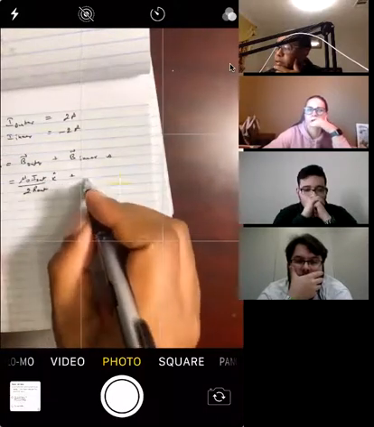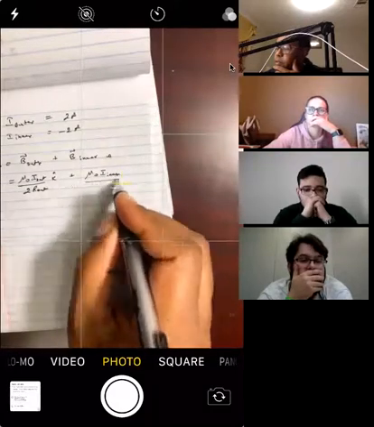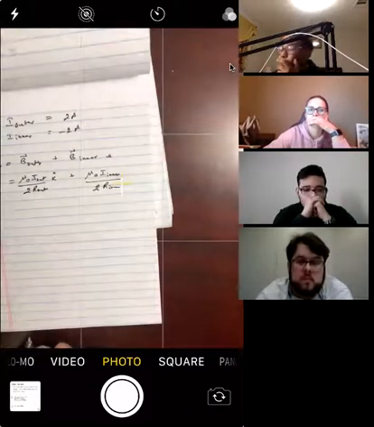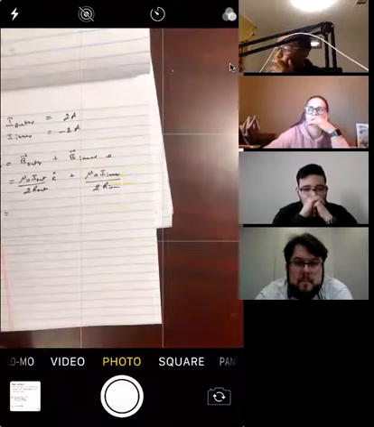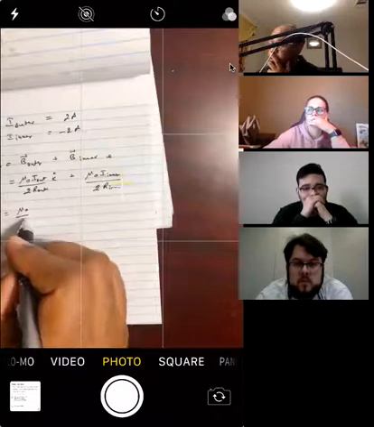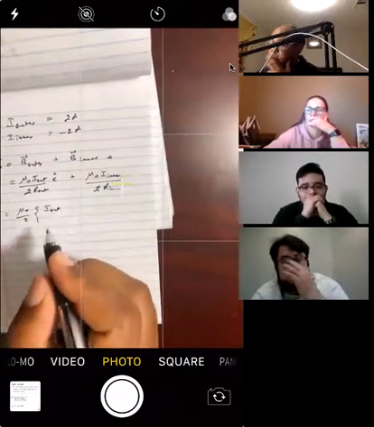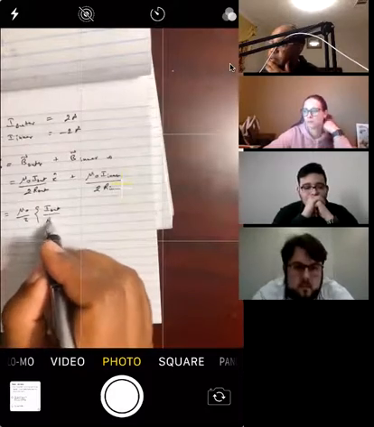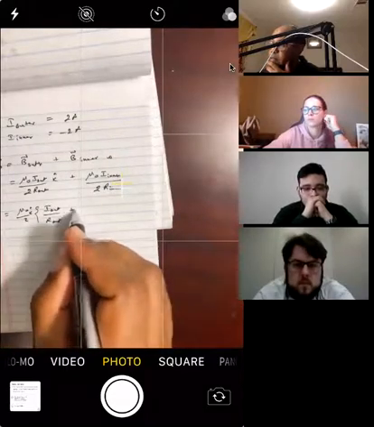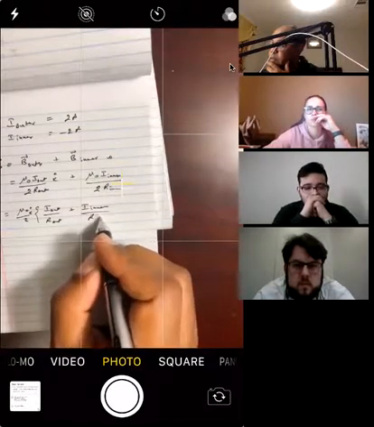And for the inner it is mu naught times the current for the inner divided by 2 times the radius for the inner wire. Let's just plug in the numbers. If you want, we can factor out mu naught over 2. So you've got mu naught over 2 times I for the outer semicircle divided by the radius, also K over here, radius for the outer, and then you've got current for the inner divided by the radius for the inner.